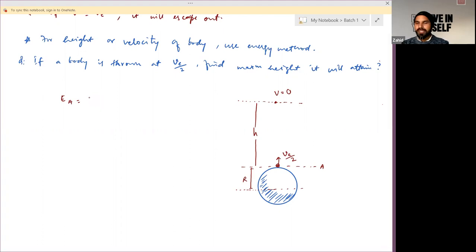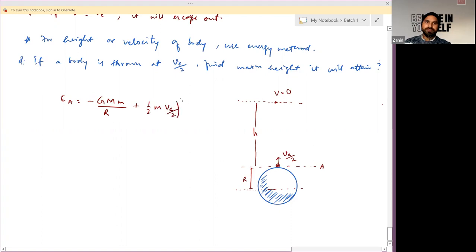First, due to interaction with the surface of Earth, potential energy, minus GMm by R. Next, due to its velocity, it will have kinetic energy, half mv squared, where v is v by 2 whole squared. At the highest point, let's say point B, since there is no velocity, there will be no kinetic energy, but there is interaction of this body with Earth.